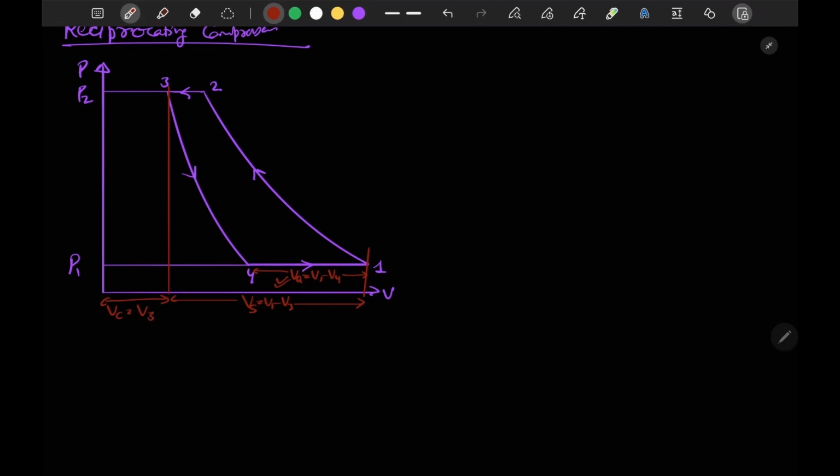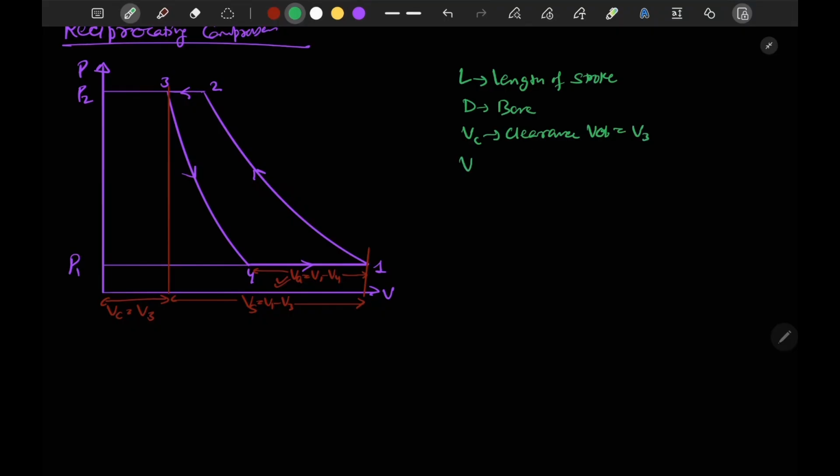Now if we want to calculate the work done of this reciprocating compressor, but before that let me write what these terms are. Let's say the cylinder has length L, where L is the length of stroke. D is the diameter of the bore, that is the diameter of the cylinder. Vc is known as clearance volume, as I mentioned earlier, and this value is equal to V3.